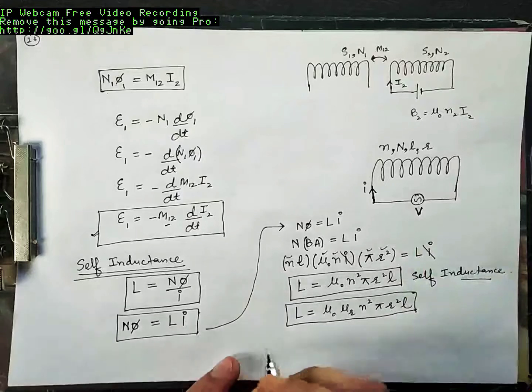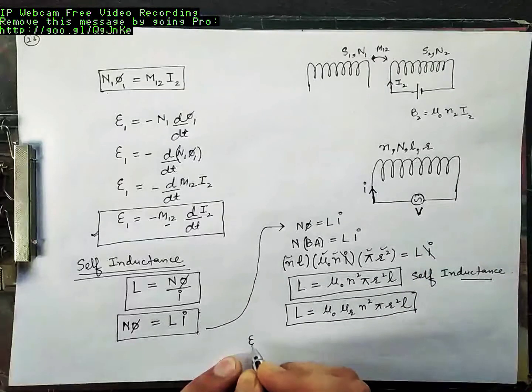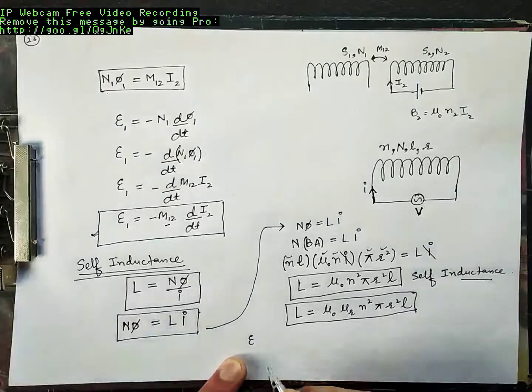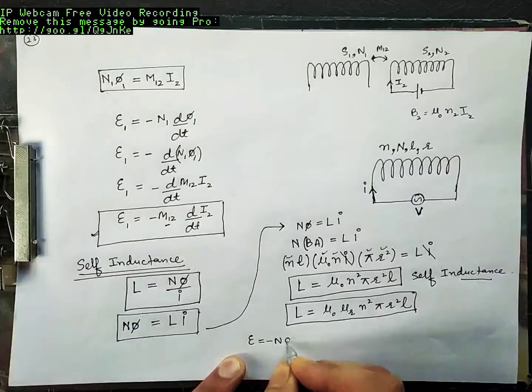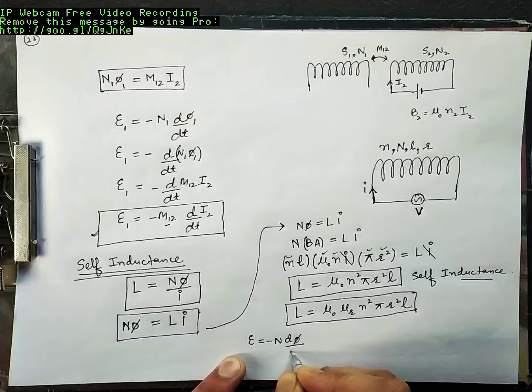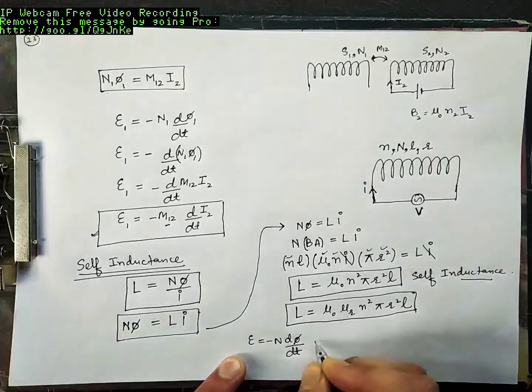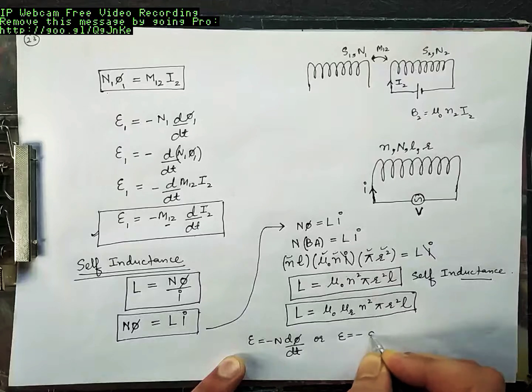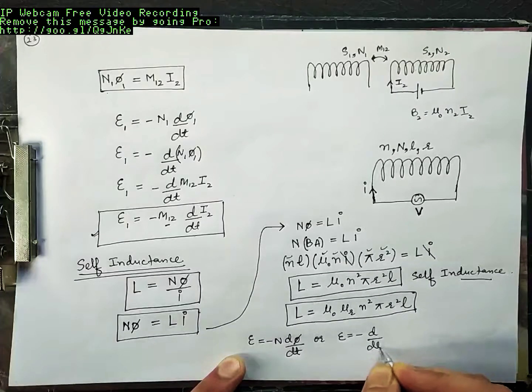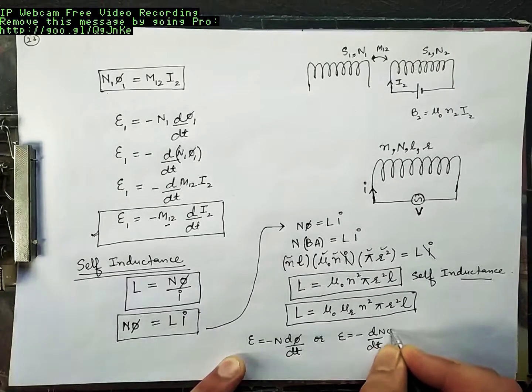Again here we know from Faraday's law that E is equivalent to minus N d phi by dt, or I can write this as induced EMF E is equal to minus d by dt of N phi.